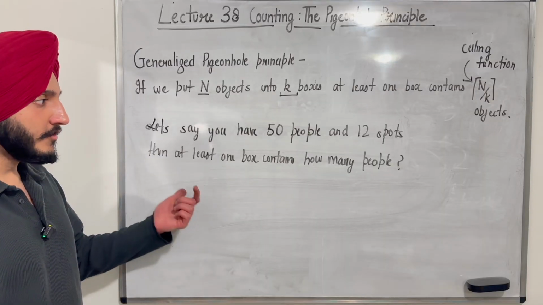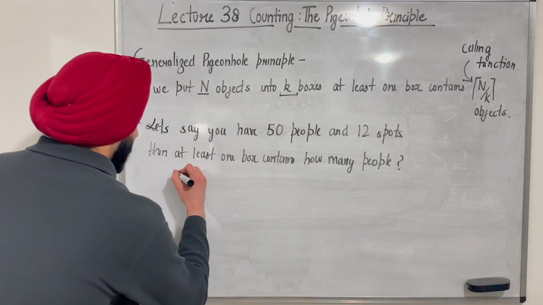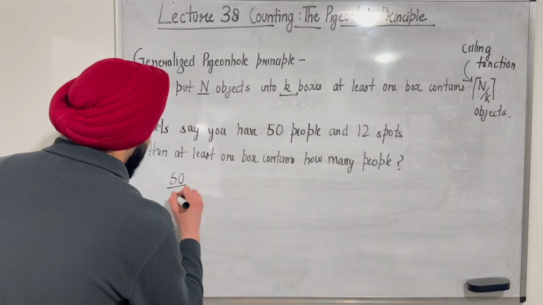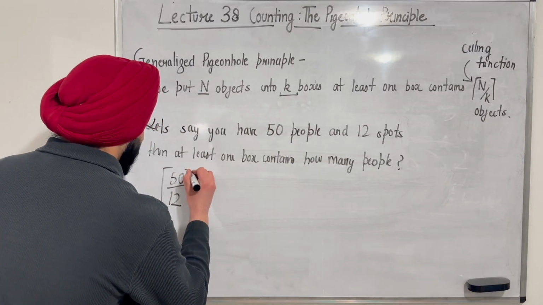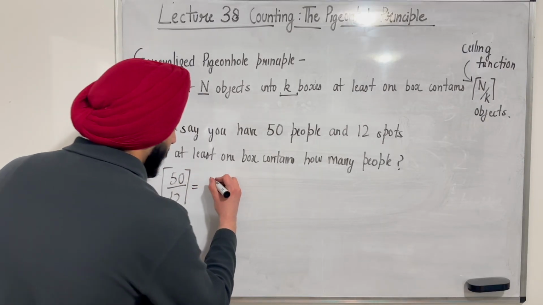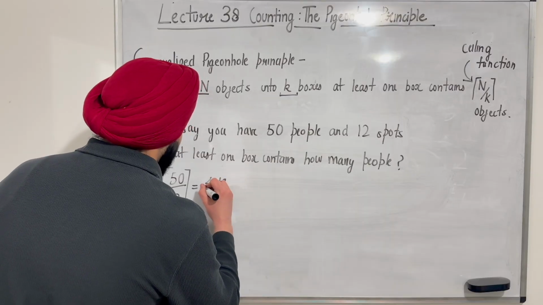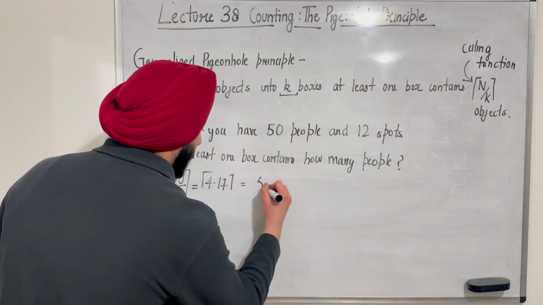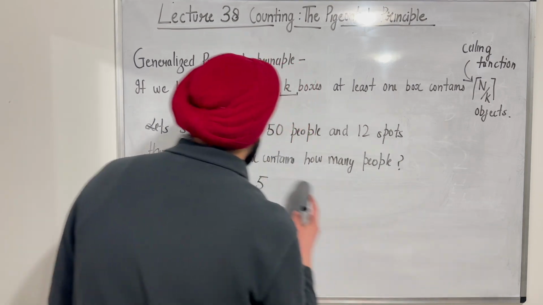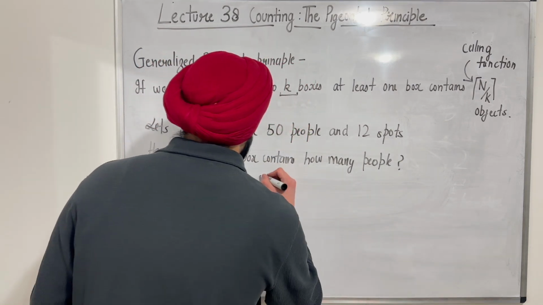Okay, so the answer of this question would simply be 50 divided by 12 to the ceiling function, which would basically be 4.17 to the ceiling, which is 5.